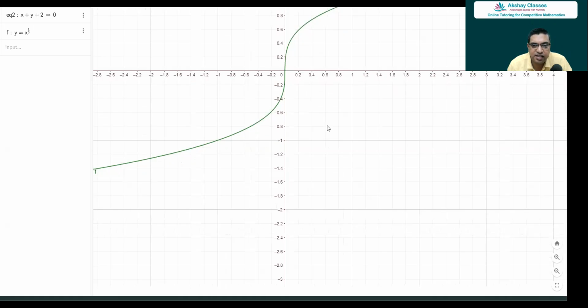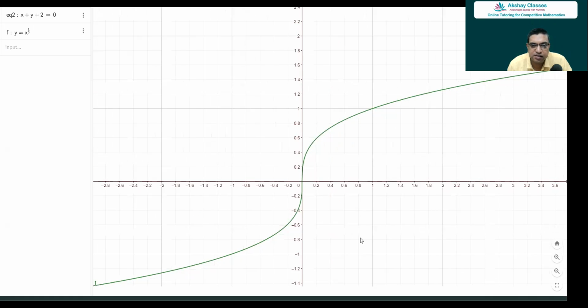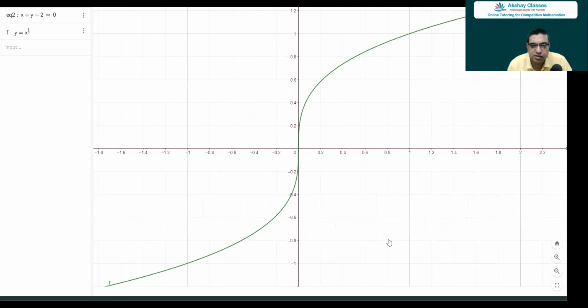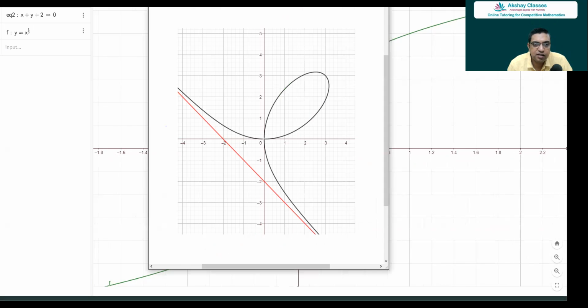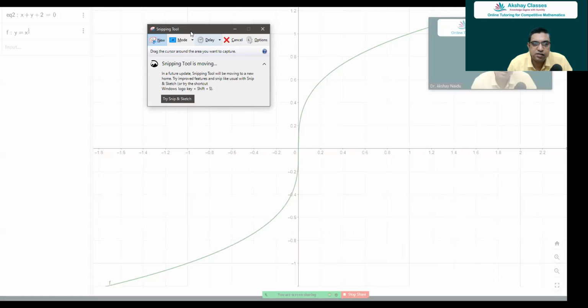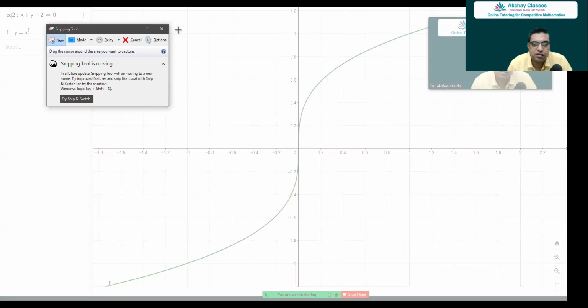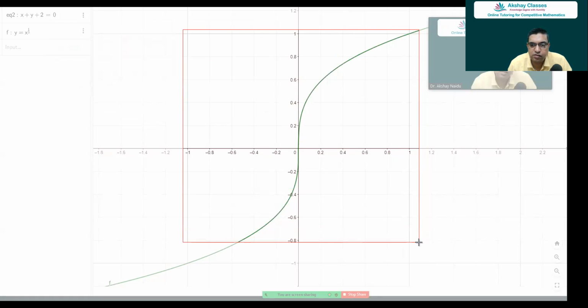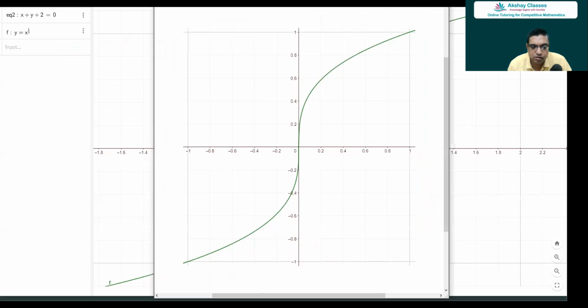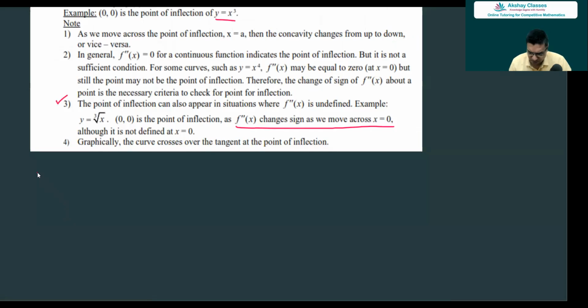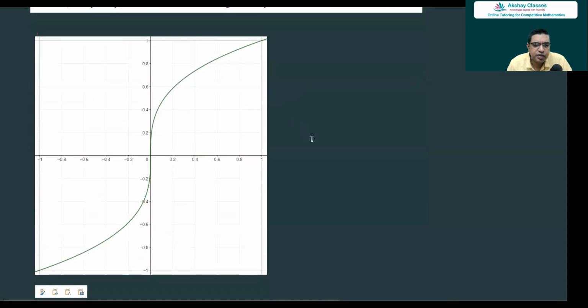If we expand and see the curve, we will see that the second derivative goes to infinity for this one, y equal to cube root x.